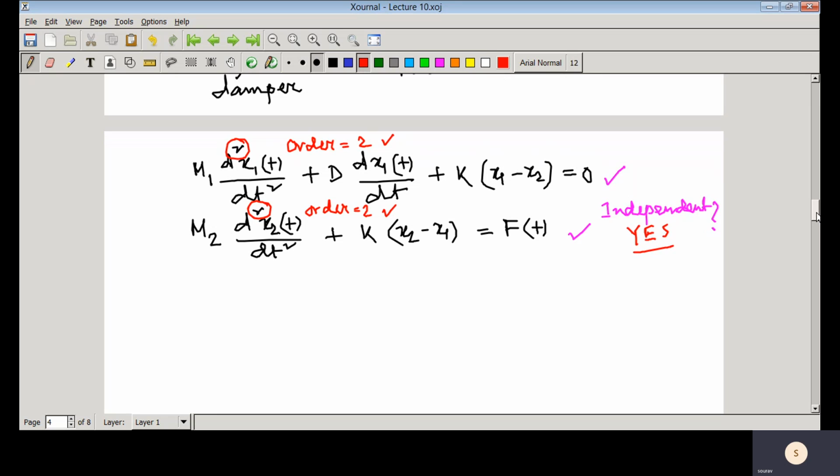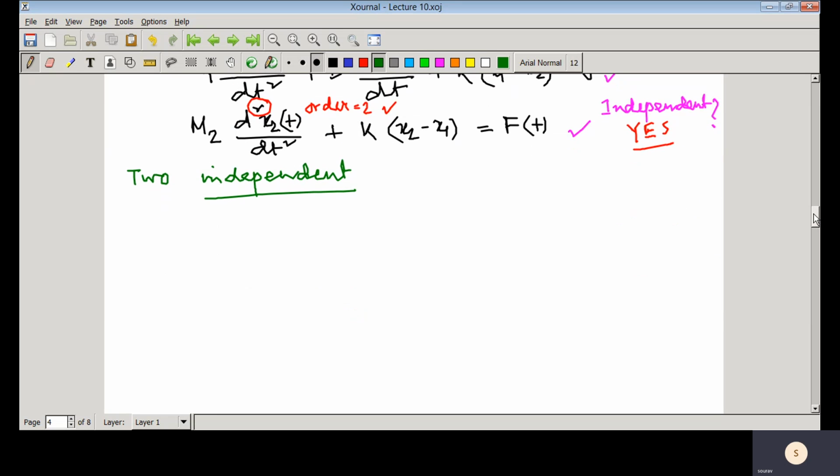Now the number of state variables required to represent the dynamical system is equal to the sum of these orders. So that means here I can write: two independent differential equations. This is very important.